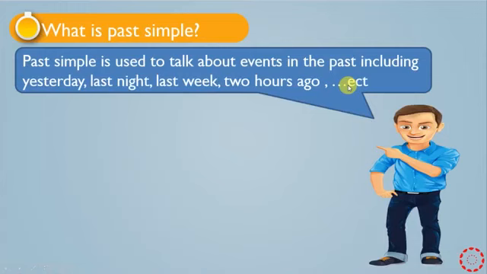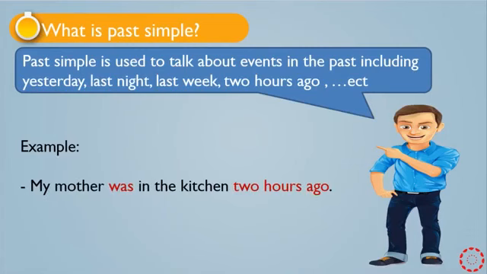The most important thing for you to know is that it talks about events in the past, and whenever we see these words, yesterday, last night, last week, 2 hours ago, it means the sentence or the tense is simple past. Very good. Example: my mother was in the kitchen 2 hours ago.